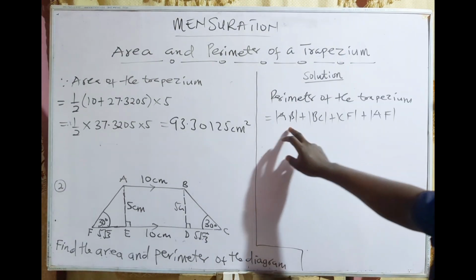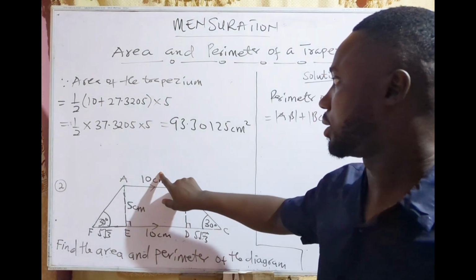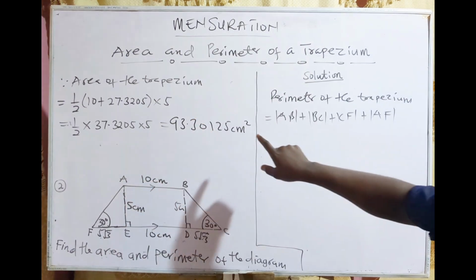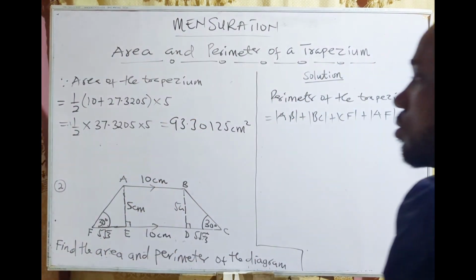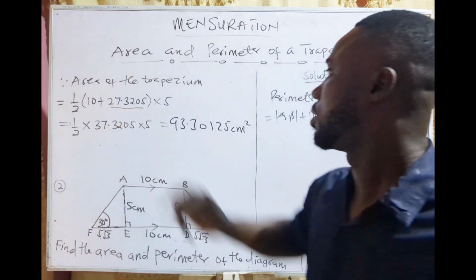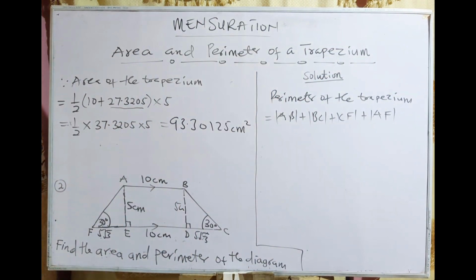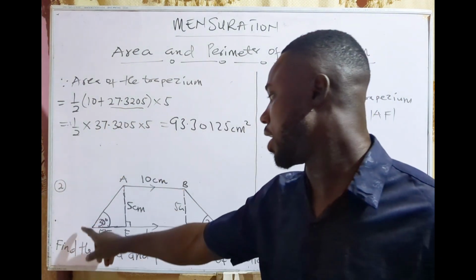What is AB? AB is 10 centimeters, and the BC we don't know. The FC is 27.3205, and the AF too we don't know.